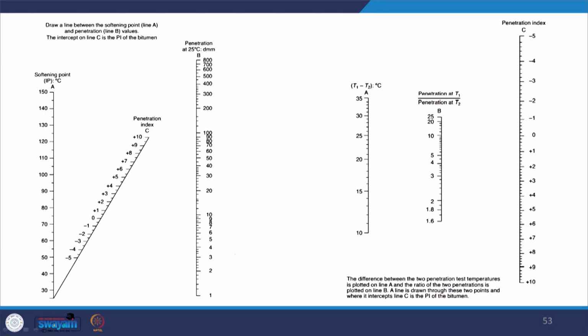Now, since penetration index is popularly used, let us try to find out the temperature susceptibility using these nomographs. In the first nomograph, they have assumed that the penetration value at the softening point is 800. So, let us say that we have a bitumen with a penetration value of 40 at 25 degrees Celsius, and the softening point of this particular bitumen is 54 degrees Celsius.